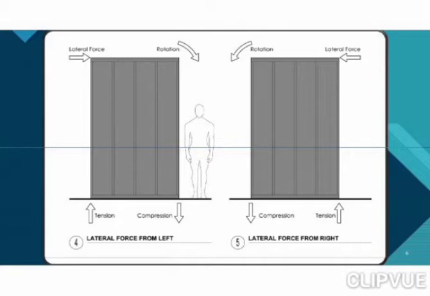The rotation becomes clockwise, and the compression force acts towards the downward side and the tension force acts upwards. But when the lateral force acts from the right side, the rotation is anti-clockwise, and the tension again acts on the upward side and the compression force acts towards the downward side.